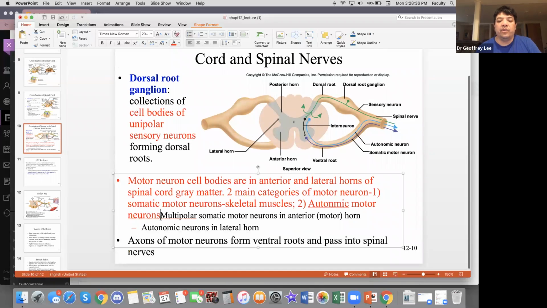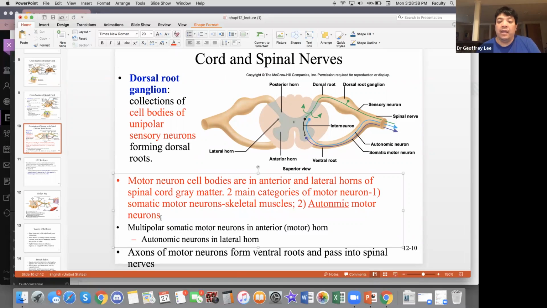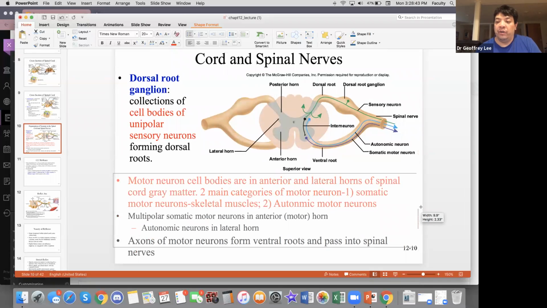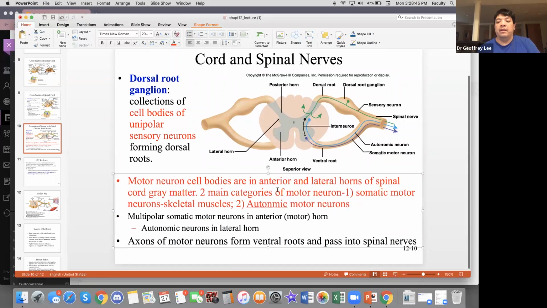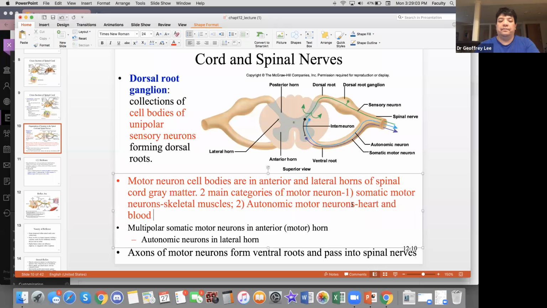So you can't control how fast your heart is beating. You can't control your blood pressure because it's involuntary. Now, you can't control it voluntarily. You do have subconscious, unconscious control. So the autonomic motor neurons go to your heart and blood vessels. In the blood vessels, you can constrict or relax.